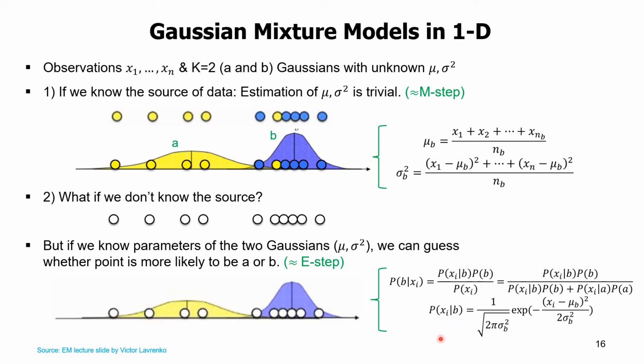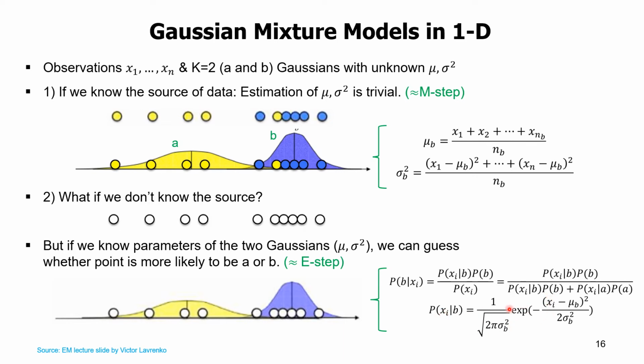This is a simple PDF function from a Gaussian distribution, right? This is very simple, again a high school calculus thing. This is the definition of the Gaussian PDF. So in a given Gaussian B, this is the probability that x equals xi. You simply plug in xi here.